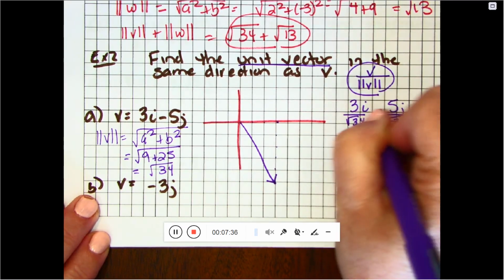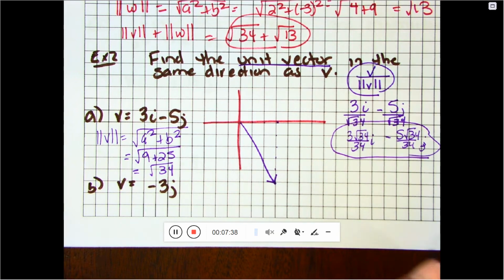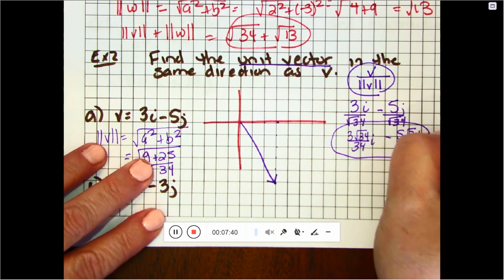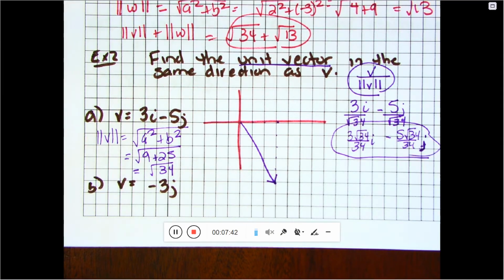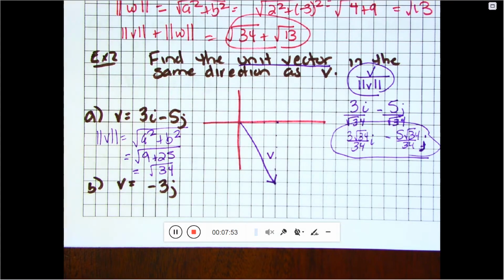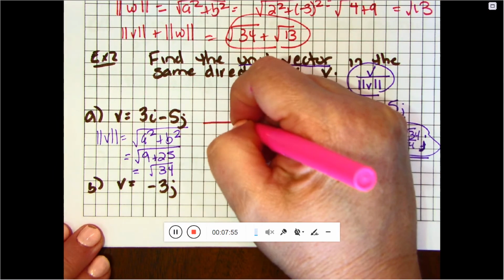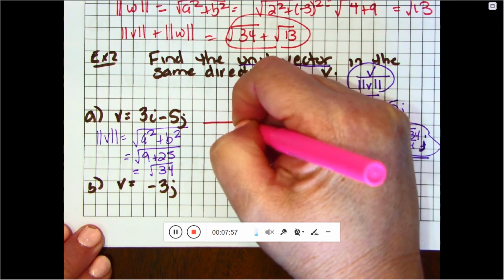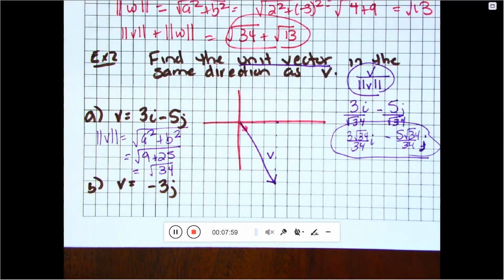Okay, that's an ugly j. What that is, that vector has a magnitude of 1. It has a length of 1 and it's the same direction. So if this purple one here is vector v, the unit vector is about like this. I'll do it in pink.